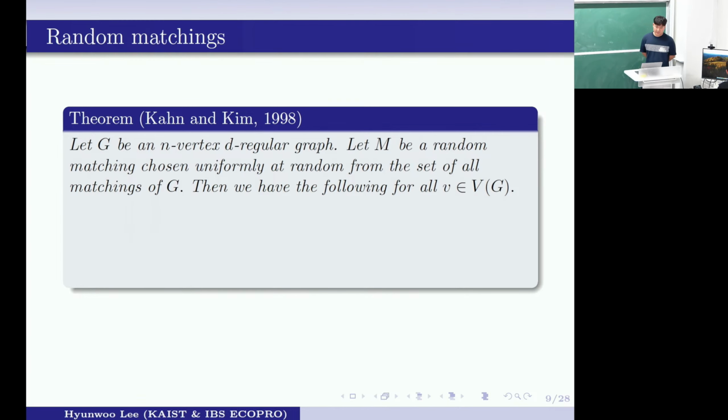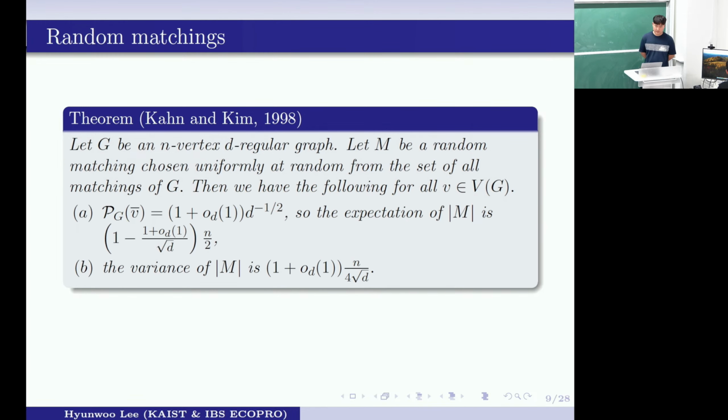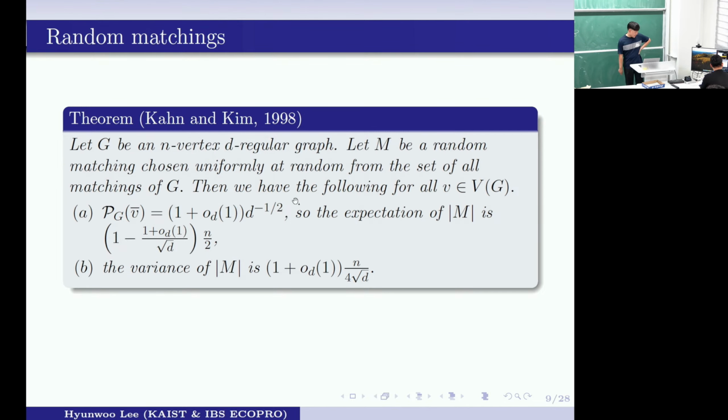It says that when G is an n-vertex d-regular graph and M is a random matching, then for every v, the probability P(G,v) is roughly d to the minus 1 over 2. So the expectation of a random matching is roughly the conjectured value. And they also provided the variance of the size of matchings.